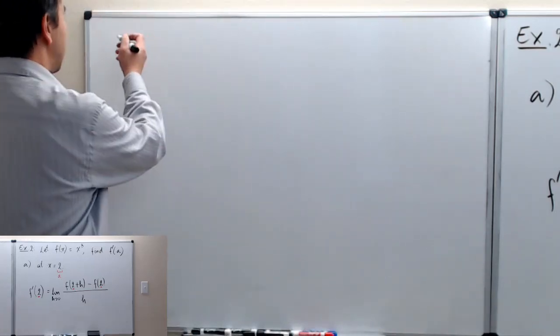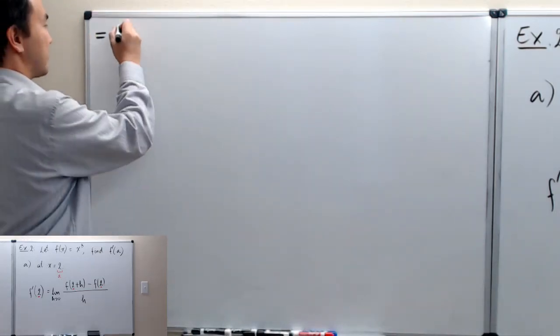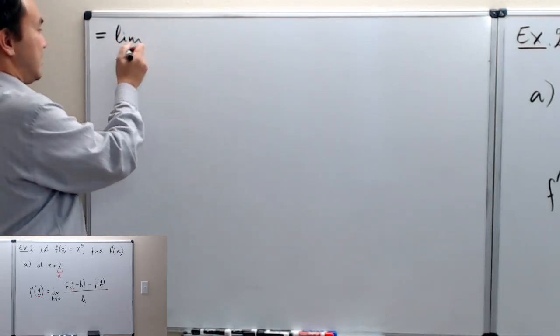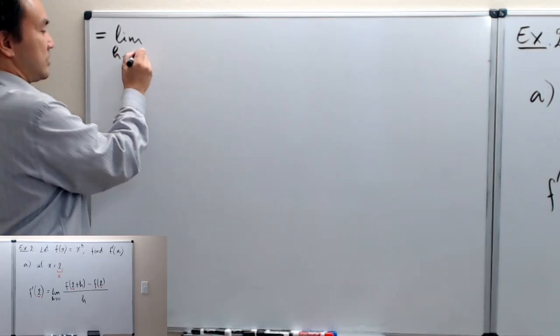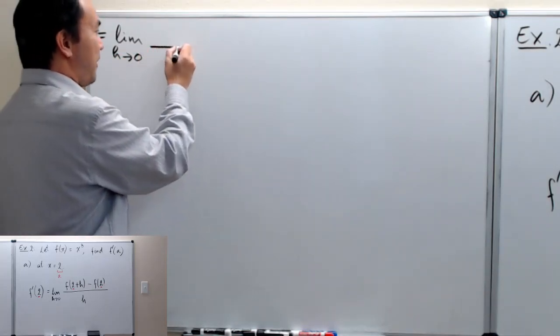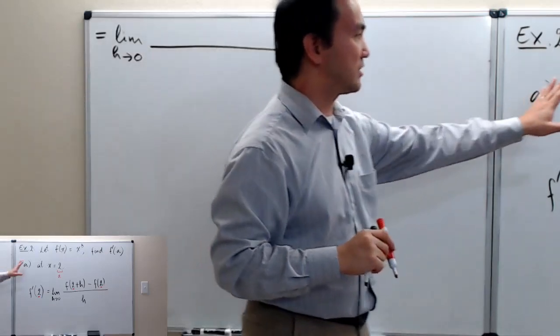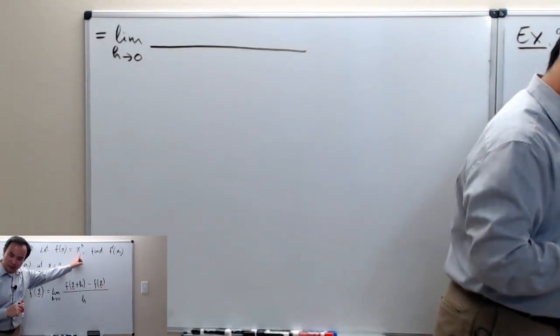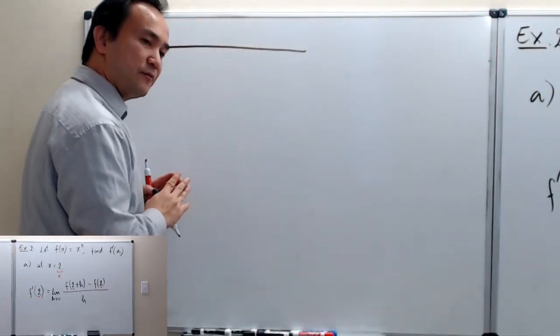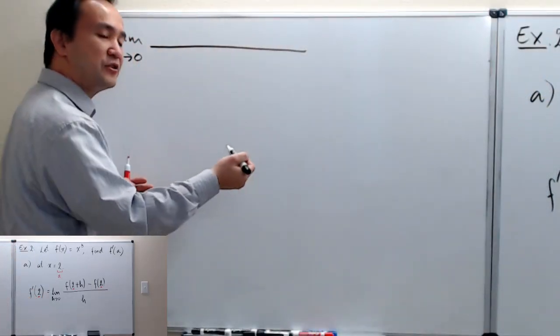So the next step is heavily based on our algebra skills, which we need to manipulate the expression. The function was simply the x cubed function. So f of x equals x cubed. Our starting difference quotient indicates we need f of 2 plus h.